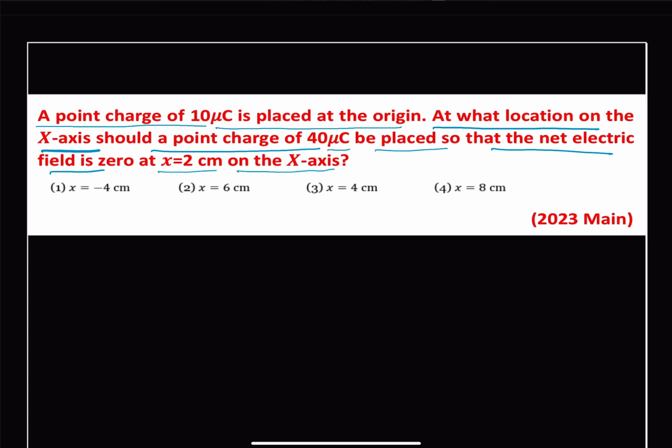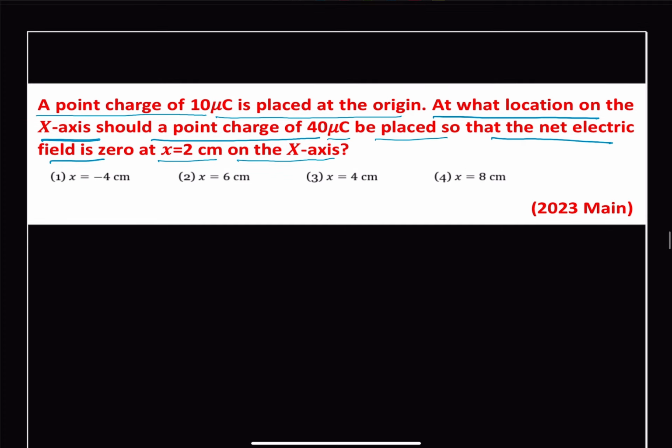So we are given 2 point charges and they are placed on the x-axis. So let us suppose this is our x-axis. The first point charge, let us call this q1, is our 10 microcoulomb, and another point charge, suppose we are placing it randomly, that is our q2, which is our 40 microcoulomb.